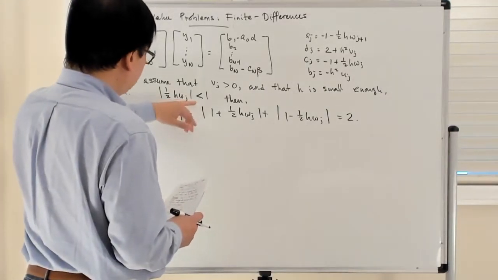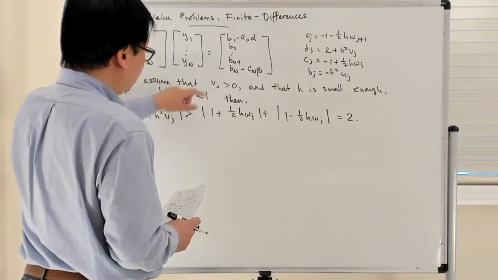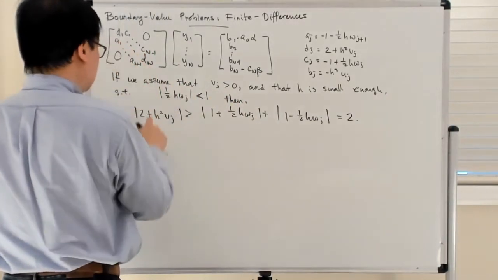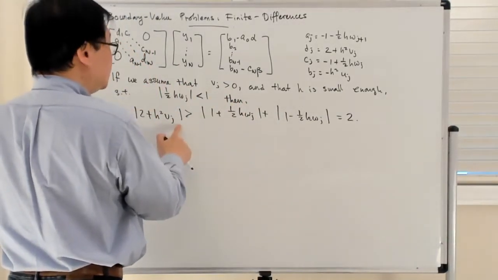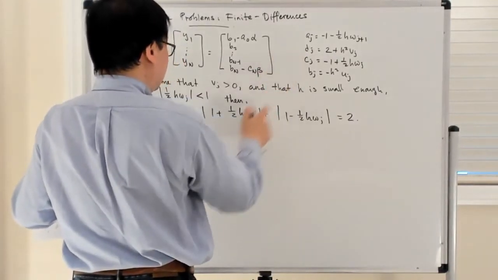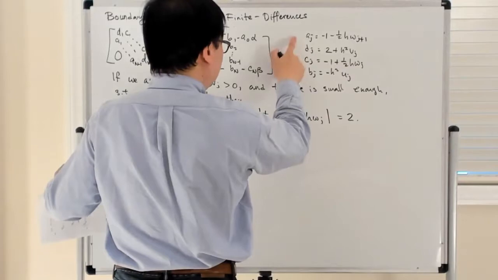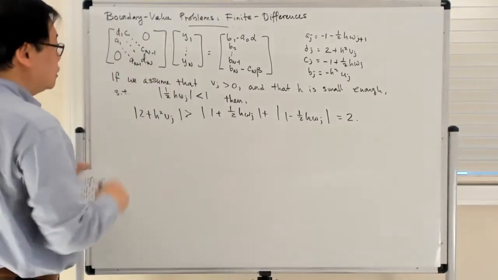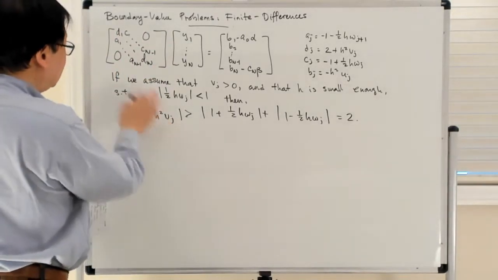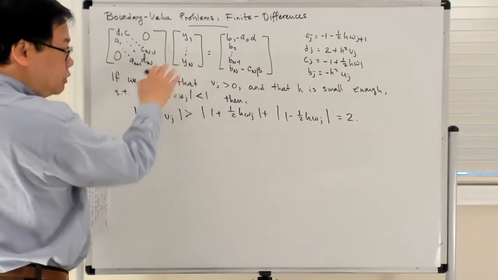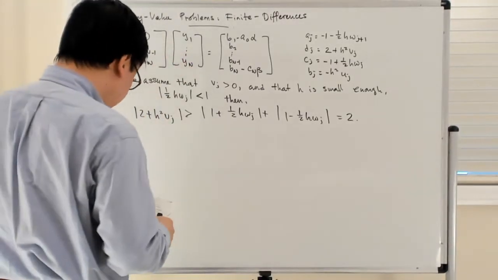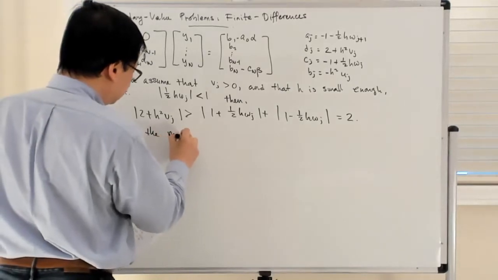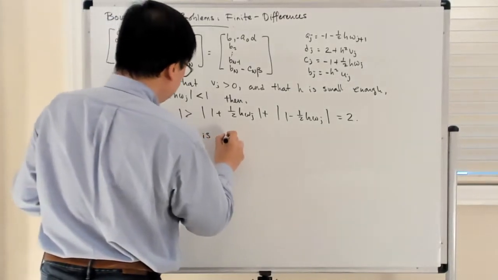Under this assumption, which gives you a constraint on how small h is, and the assumption that Vj is greater than 0, what this condition is saying is that, if you look at this, this is the absolute value of the diagonal entries, and these are the entries, the aj's and the cj's, the a's and c's out of the corresponding rows. So basically the diagonal entry dominates the other entries in the row, which is this notion of diagonal dominance. So this implies that the matrix is diagonally dominant.